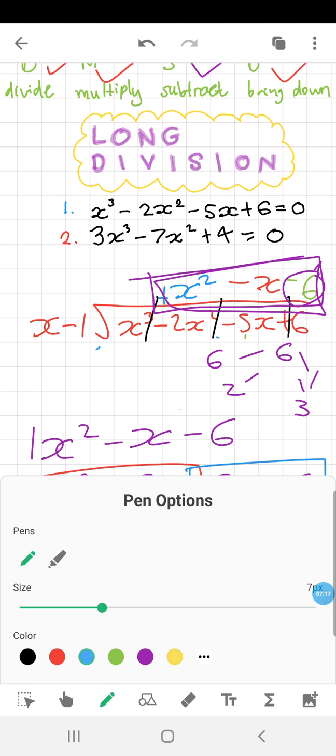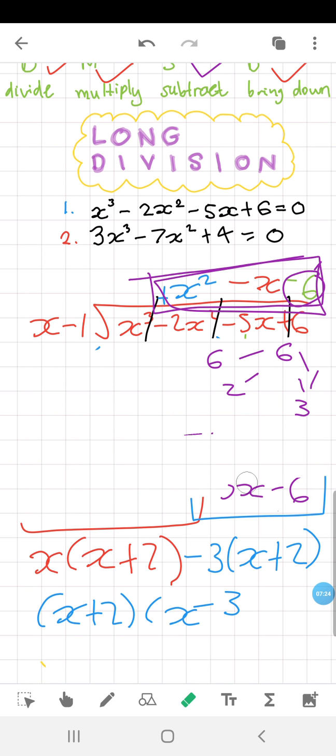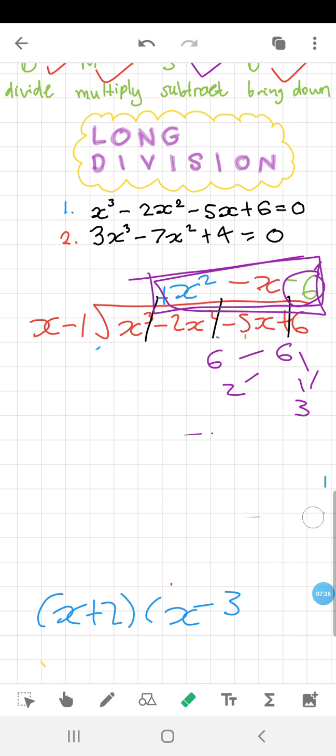But now we can't forget about the x minus 1, because that's also a factor. So let me just make some space. We'll now have x plus 2, x minus 3, x minus 1 is equal to 0.